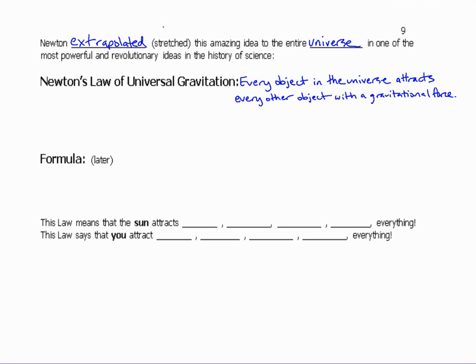So this law means that the sun attracts Earth, Mars, it attracts me, it attracts the moon, it attracts you, it attracts everything. This law says that you attract the Earth, the moon, the book in front of you, the pencil on your desk, everything.